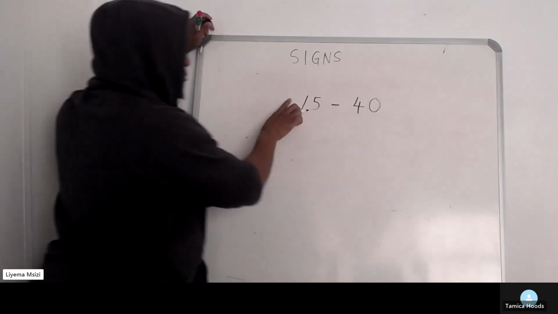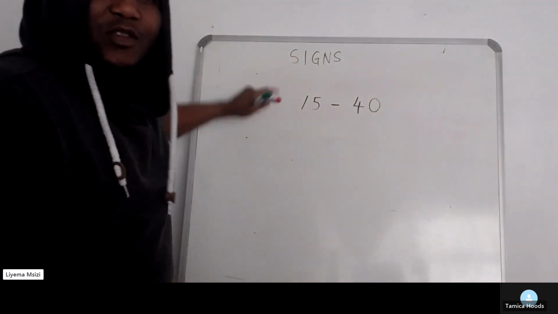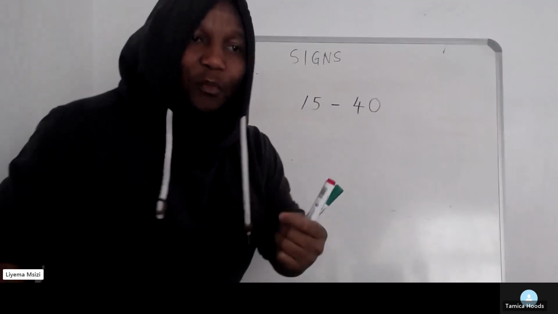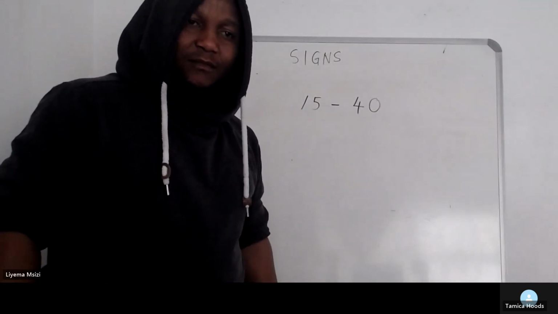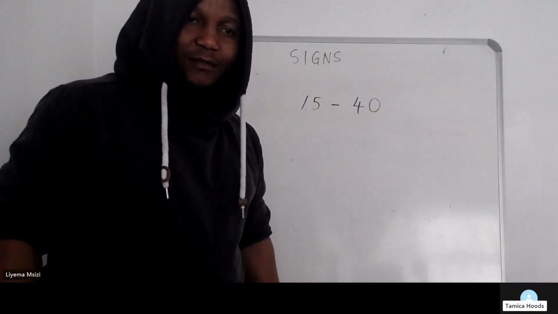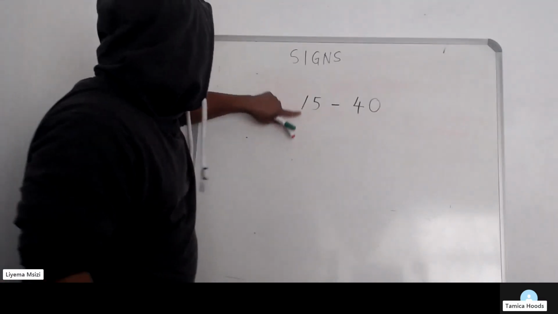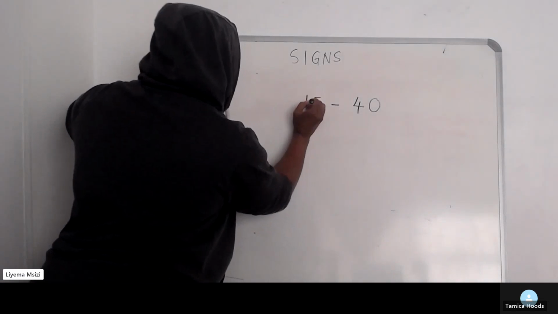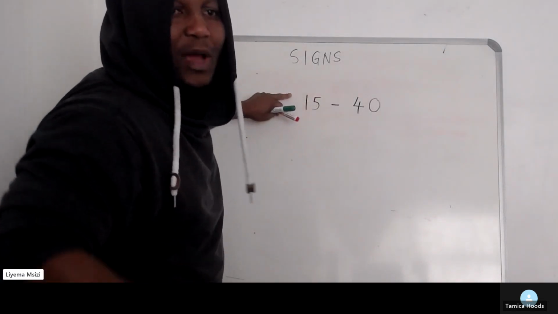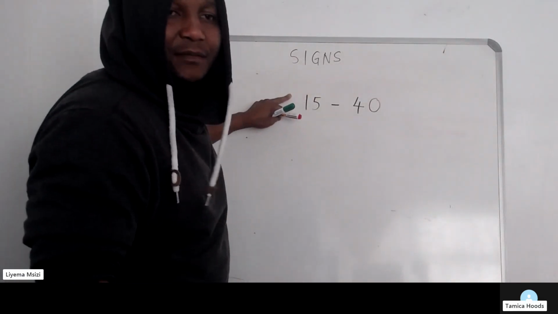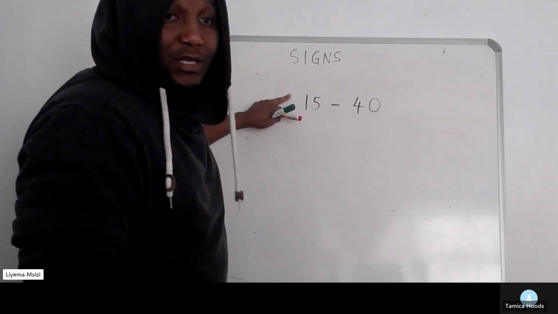You see here, there's no sign. When there's no sign, you assume it's positive, because you want to know which sign is for 15. So when there's no sign here, you assume it's a positive sign. Positive, yes. You need to know that, okay?